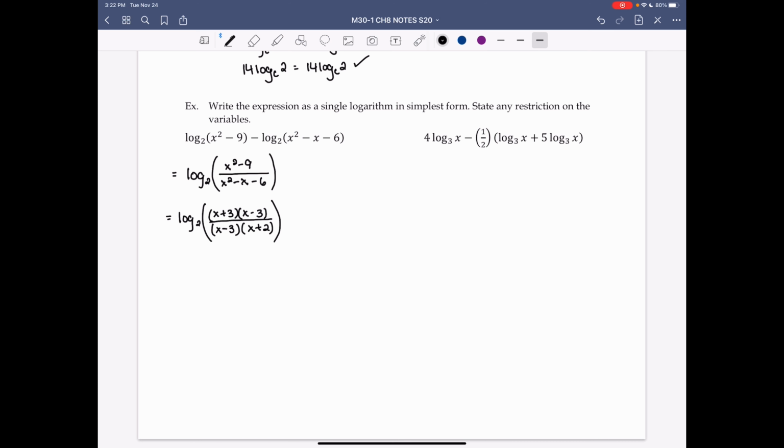Then I can simplify by dividing out x minus 3 on top and bottom. We get log base 2 of x plus 3 over x plus 2.